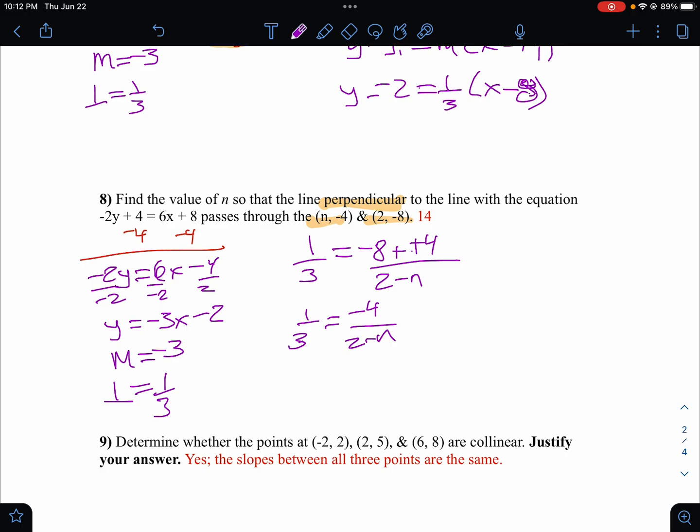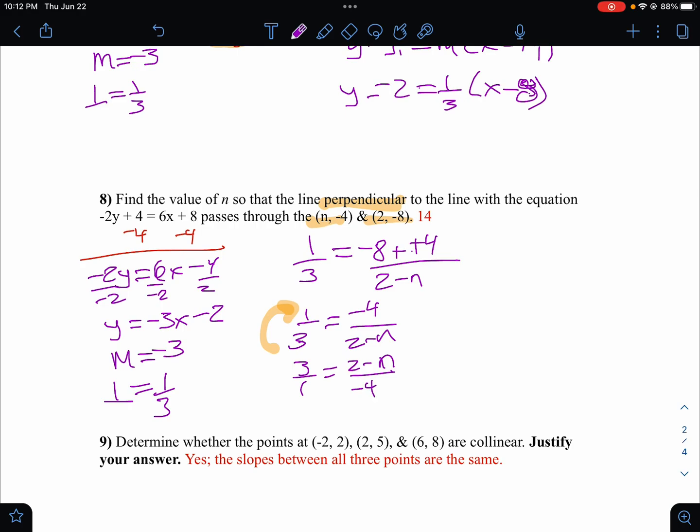Now, the problem is n is in the denominator. It's kind of hard to solve an equation when it's in the denominator. So what we'll do is take the reciprocal of both sides. So I'm going to say 3 over 1 equals 2 minus n all over negative 4.